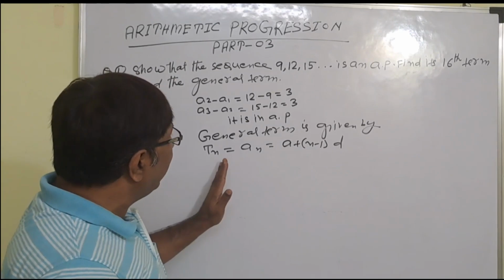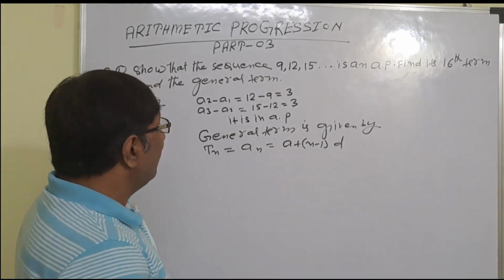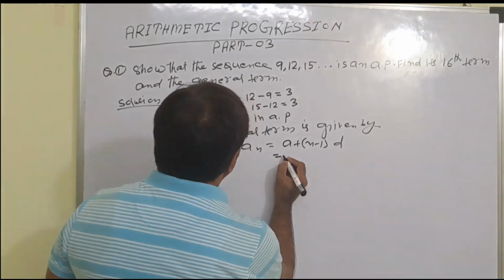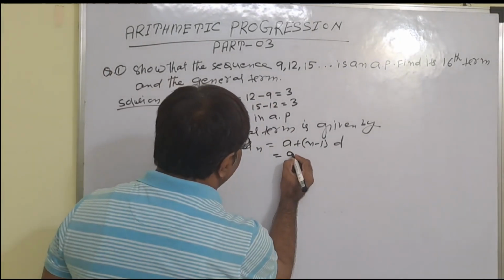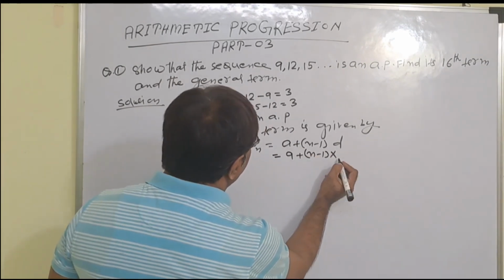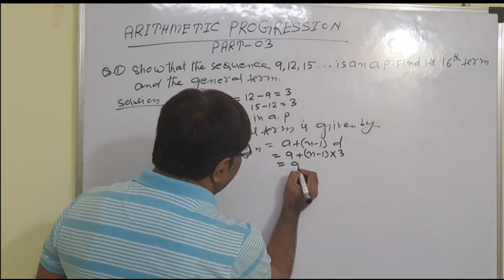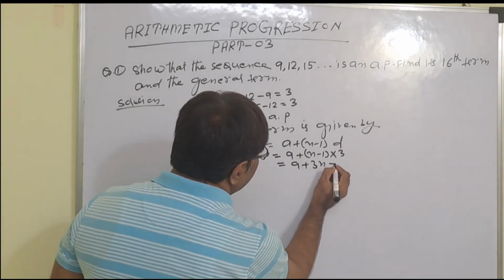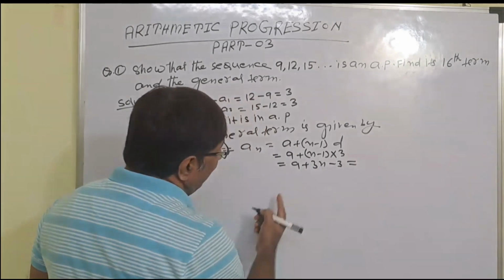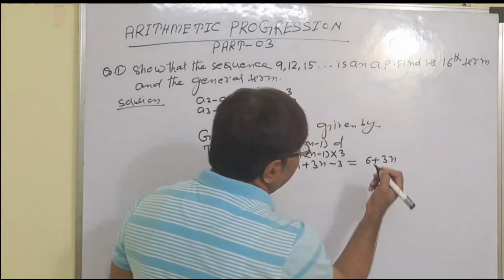Here we are finding the general term, so we will put n for n only. The first term of the sequence is 9, plus n minus 1, and the common difference is 3. When we solve this, 9 plus 3n minus 3. 9 minus 3 is 6, so this is 6 plus 3n.